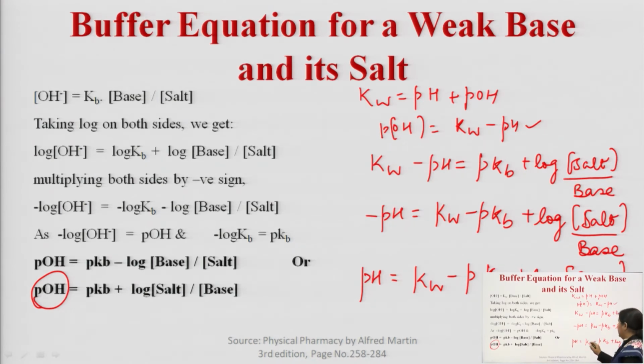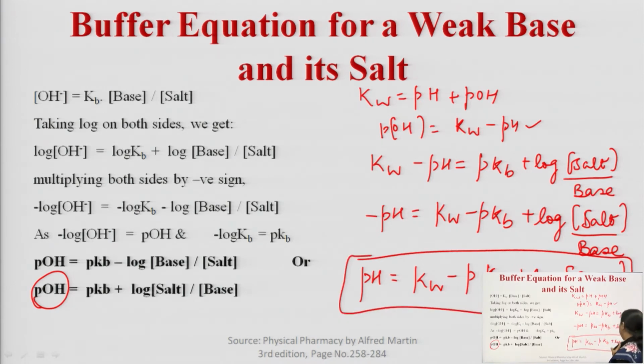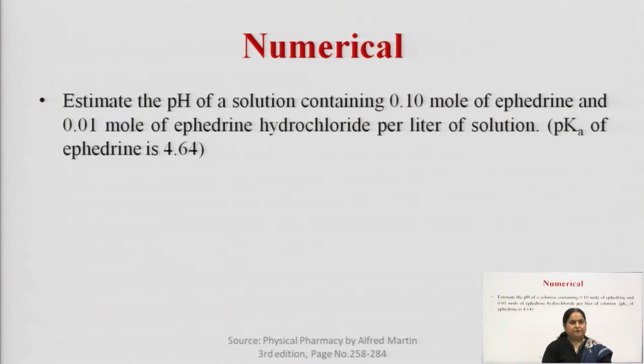So, basically we have replaced the pOH term here, right. So, pH is calculated in the case of a weak base from this equation, pH is equal to pKw minus pKb plus log base upon salt. In the previous equation it was log salt upon base, here it is log base upon salt, right. And I would like to give you a numerical based on this equation.